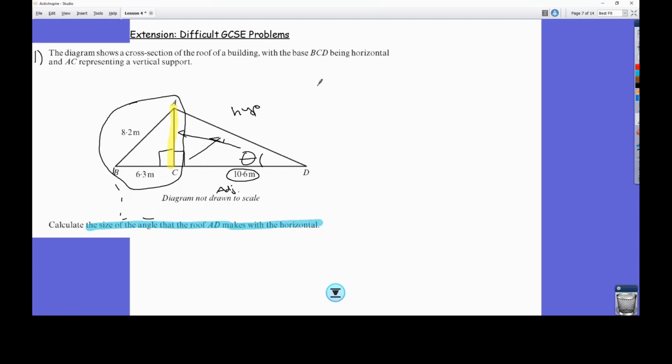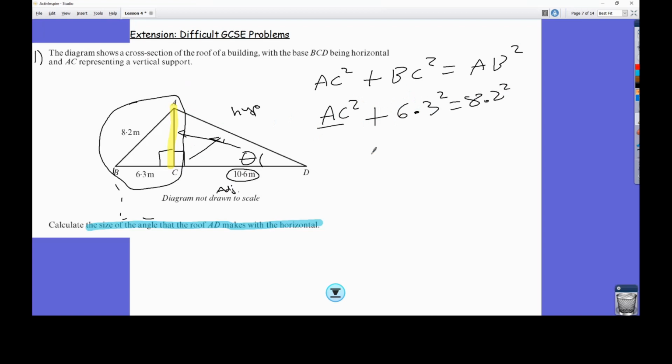So mathematically I can say AC squared, one of the shorter sides squared, plus BC squared, the other shorter side squared, is equal to 8.2. Oh, I should write it in full first, AB squared. So I have AC squared, AC being the side that I want to work out, plus BC was 6.3, so 6.3 squared, is equal to 8.2 squared.